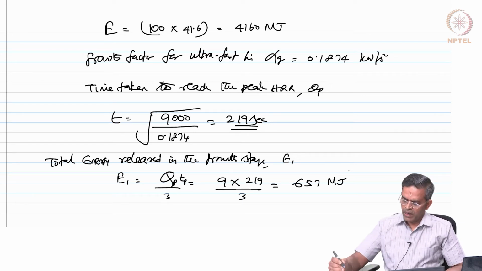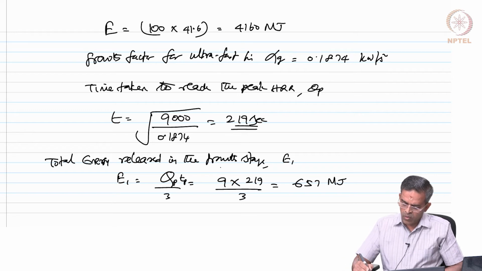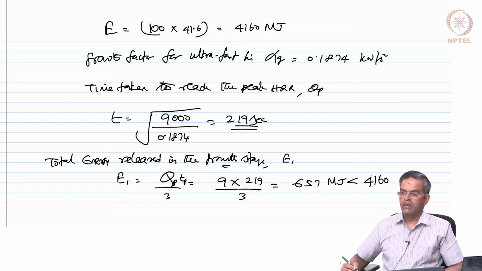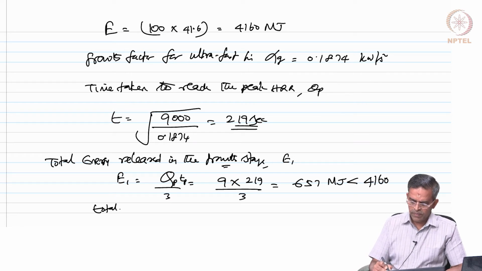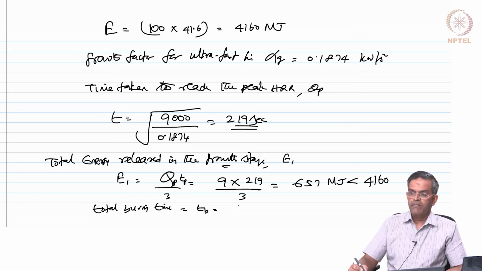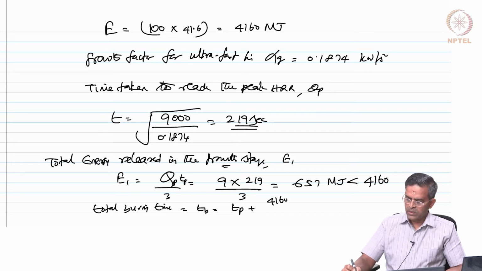Since the 657 megajoules in the growth stage is much lesser than the energy present because of the fuel oil, we can say the total burning time will be Tb, which is Tp plus 4160 minus 657 by Qp.